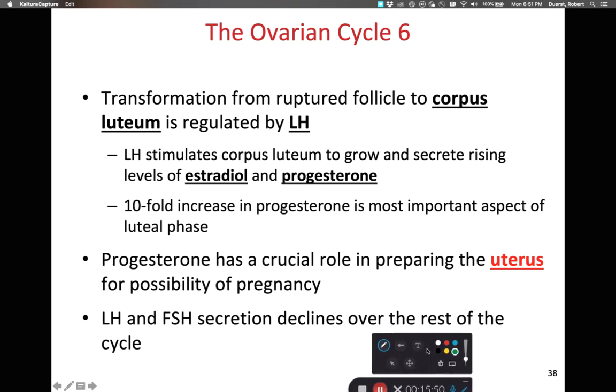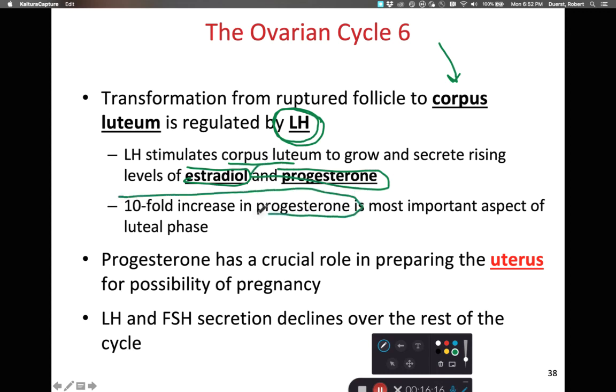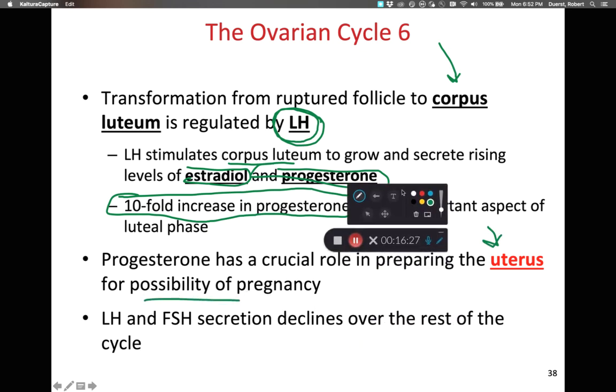As we look at our ovarian cycle and as the continuation of our discussion, we find that the formation of the corpus luteum will be regulated by luteinizing hormone. And it's going to stimulate the corpus luteum to continue to grow and secrete increasing levels of estradiol and progesterone. We find in particular that it's the progesterone, and we have a dramatic increase in progesterone during luteal phase, that is going to focus on preparing the endometrium of the uterus for a possible implantation, a possible pregnancy.